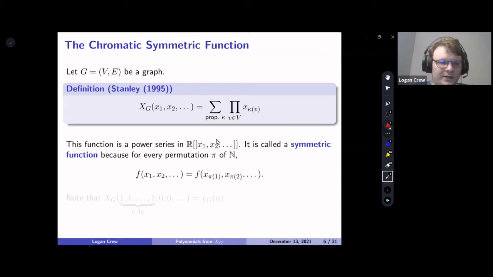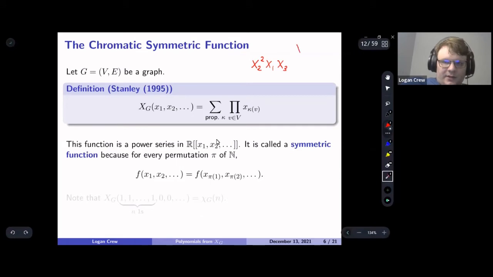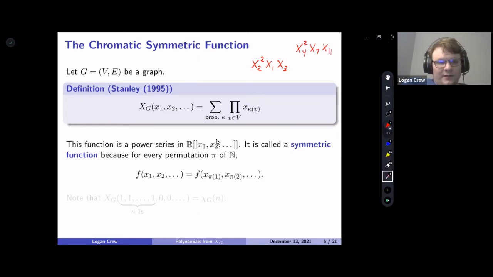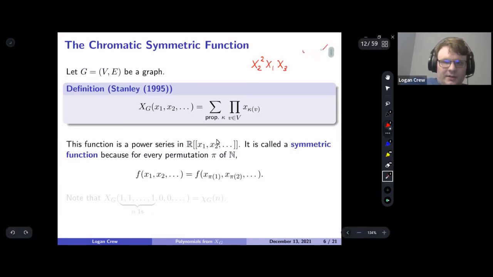And so whenever you get that term, x1 squared, x2, x3, well, I could have just as well permuted those colorings, and I would have also gotten some term of the form x2 squared, x1, x3. And I could have also permuted the colorings across all natural numbers and gotten a different term, x4, x7, x11. I'm going to get one copy of each of these terms if I have one copy of the original term. So symmetric means that it is unchanged when I permute these indices of the variables.